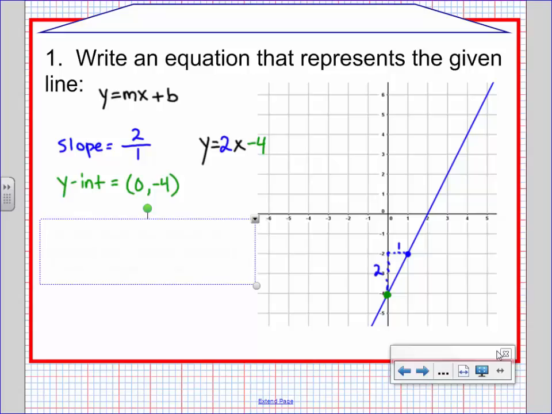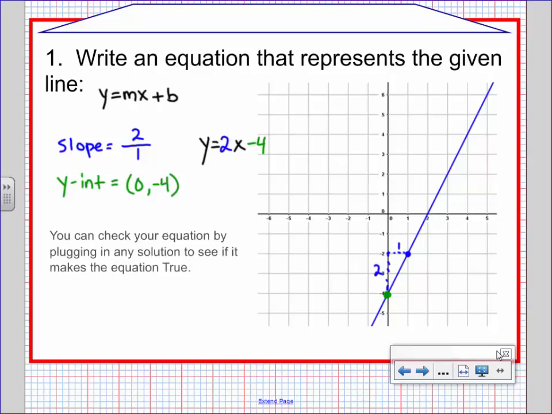Now we can always check our answers by plugging in any solution to see if it makes the equation true. So let me pick a solution that isn't one I've already used. So a perfect point, here's a perfect point. Let's try the point (3, 2).